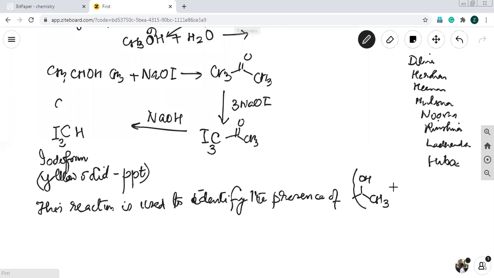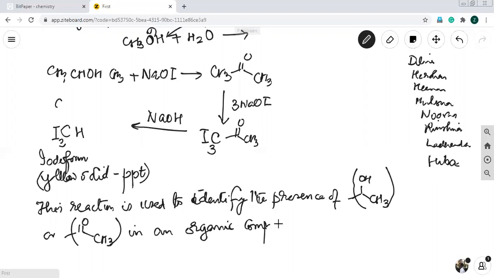This group or this group, in an organic compound. That means a methyl ketone or methyl secondary alcohol.